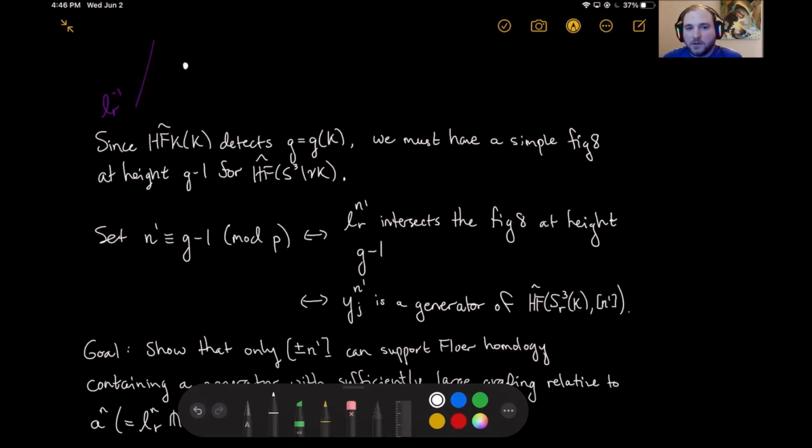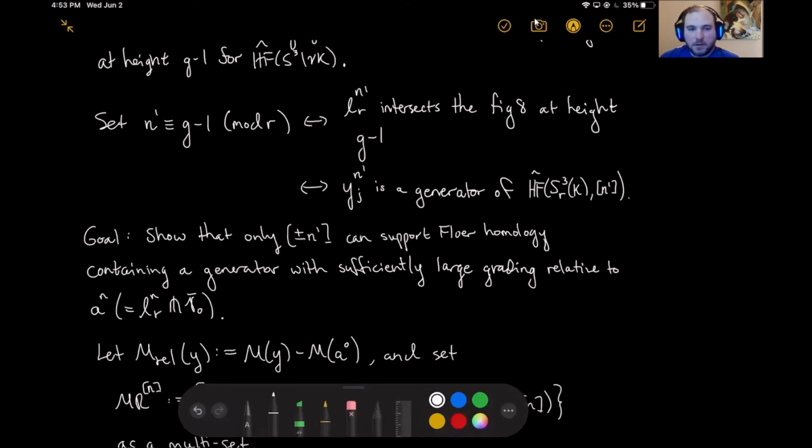And intersections between lifts of the solid torus curve and this highest figure eight end up giving you the largest Maslov grading that you could have in that spin C structure. And that largest term, the grading difference between that and some base generator, ends up exceeding the possible grading difference in any other spin C structure. And that's how the argumentation will go from here on out.